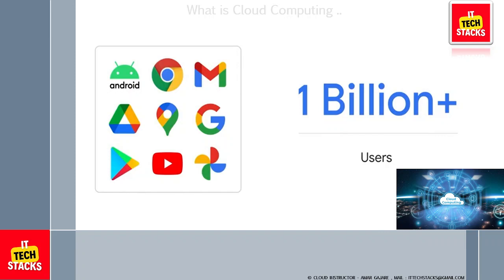Such issues we face, but from the Google service side, we never face such issues. At least I never heard that YouTube is down today or Gmail is down today. So that's the reason we trust and go for Google Cloud and Google services. All these services are currently located on the cloud.